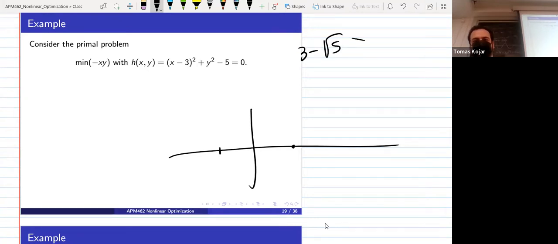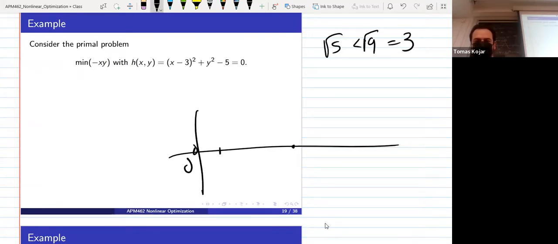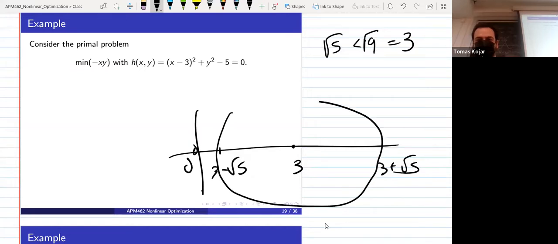What is square root 5? It's less than 9, which is 3. Good. So that means you're positive. So you have 3 minus square root 5, 3, and 3 plus square root 5. So this is your feasible set.